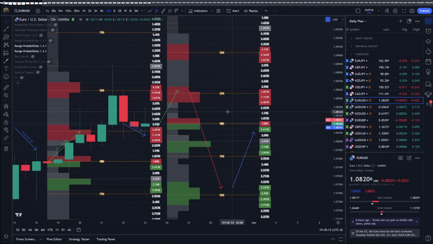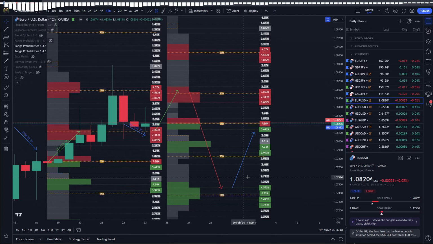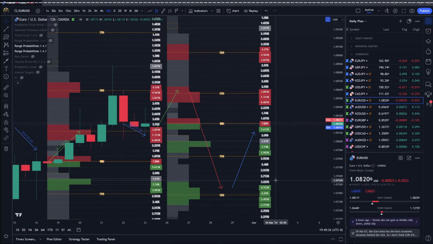Euro dollar. This actually lines up quite well with my expectation of going into Thursday, Friday. You get the CPI data out of Europe.